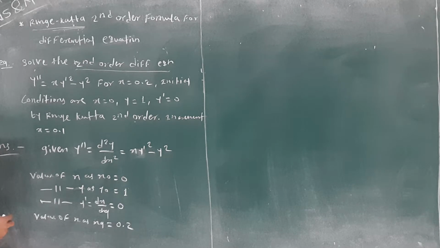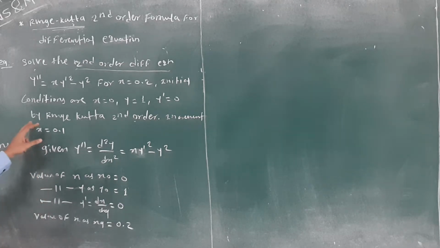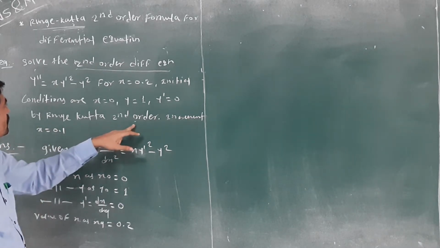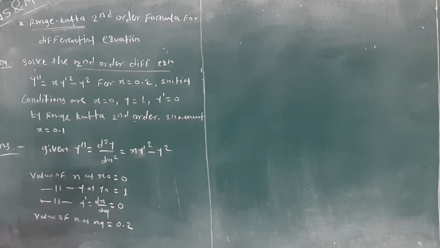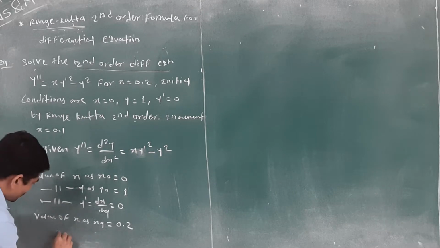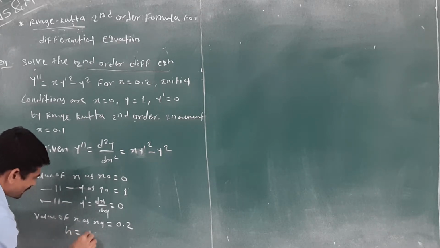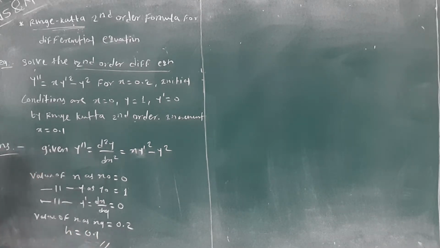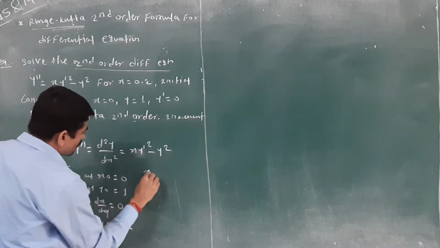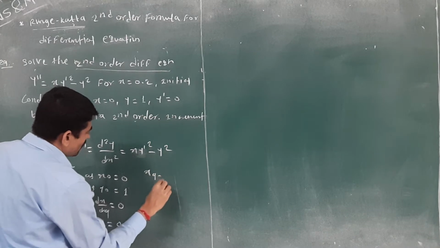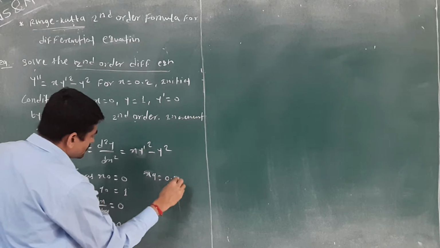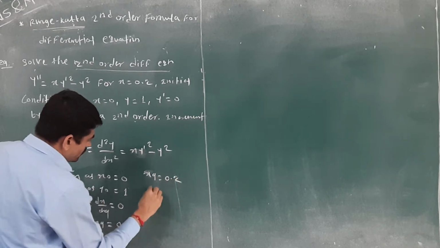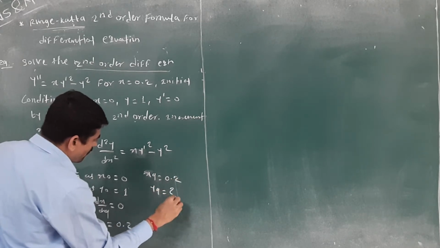Is any other thing given? Here we want to use the Runge-Kutta second order method for the given differential equation. The increment is given as 0.1. Since you are given the step size, it is denoted by h, which is 0.1. Then we want to calculate xg, which is given as 0.1, then the value of yg.